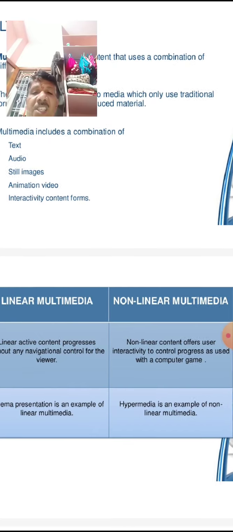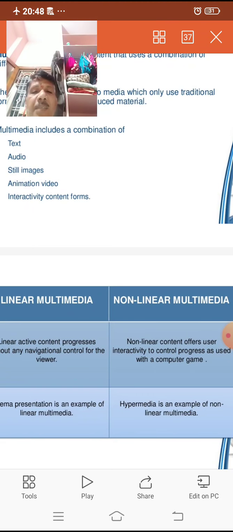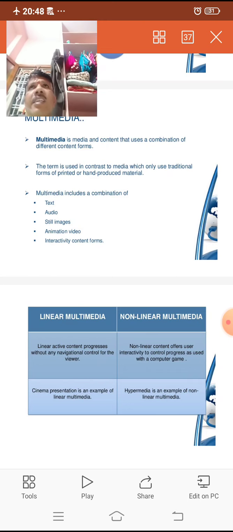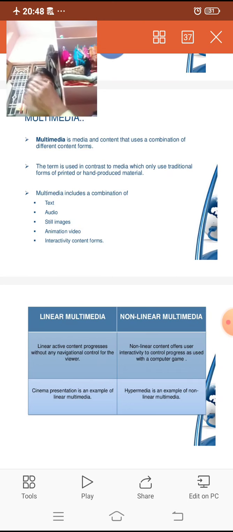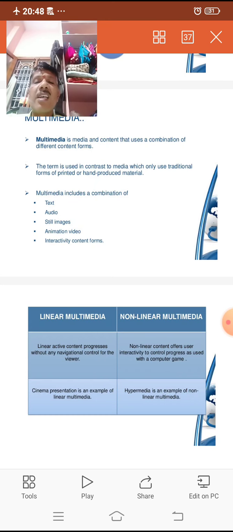Cinema presentation is an example of linear multimedia. Hypermedia is an example of non-linear multimedia. In the internet mechanism, it is a two-way mechanism. HTTP, HTML applications will be non-linear. Movie content or some presentation content comes as linear multimedia.